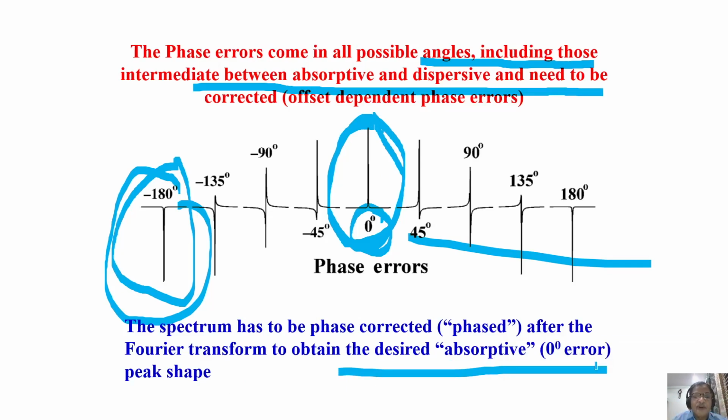We can discuss more about phase corrections and manipulation of the time domain data, how we apply window functions, everything in the next class. Right now, I'm going to stop here. Today, of course, I started telling you about the processing. I introduced Fourier transformation. I explained what happens when there are many time domain signals overlapped. What happens if you do Fourier transformation?